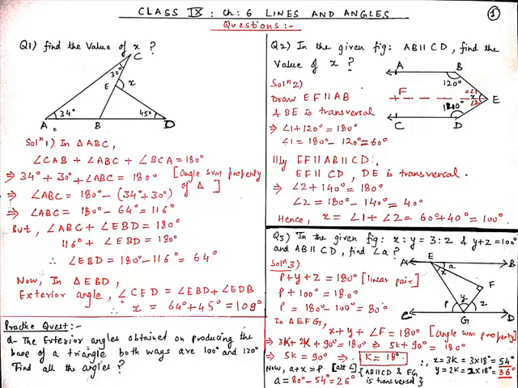So from here 3K plus 2K plus 90 degrees will be equal to 180 degrees, and 3K plus 2K is 5K, so 5K plus 90 degrees equals 180 degrees. Therefore 5K will be equal to 90 degrees and K is equal to 18 degrees. Therefore, students, the value of X will be equal to 3K, which is 3 into 18, and this is equal to 54 degrees, and the value of angle Y will be equal to 2K, which is 2 into 18 degrees, and this is equal to 36 degrees.